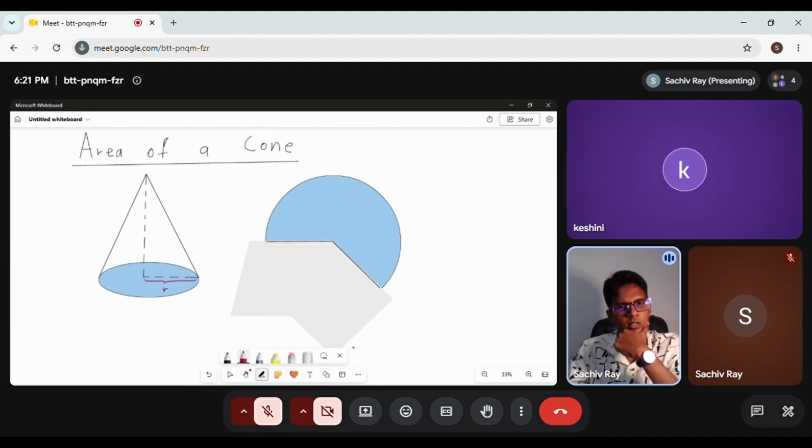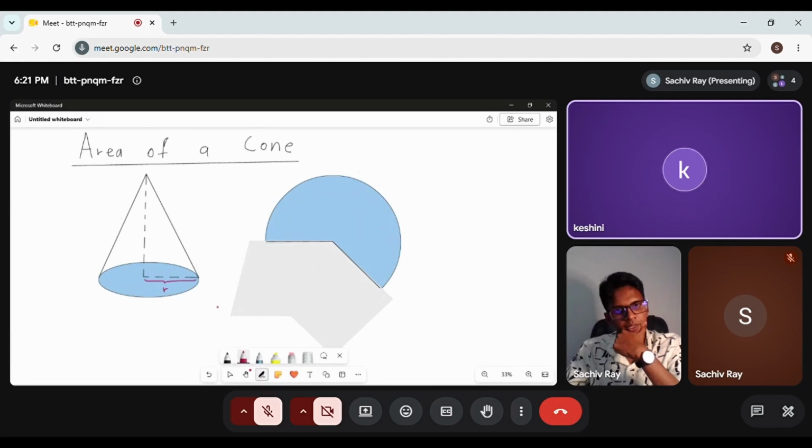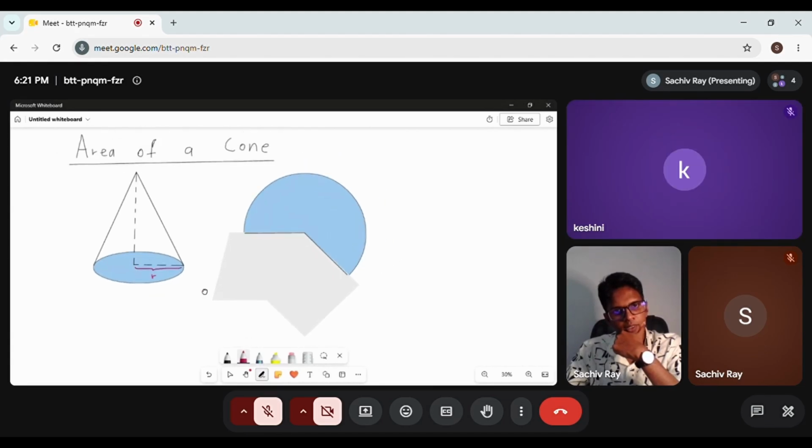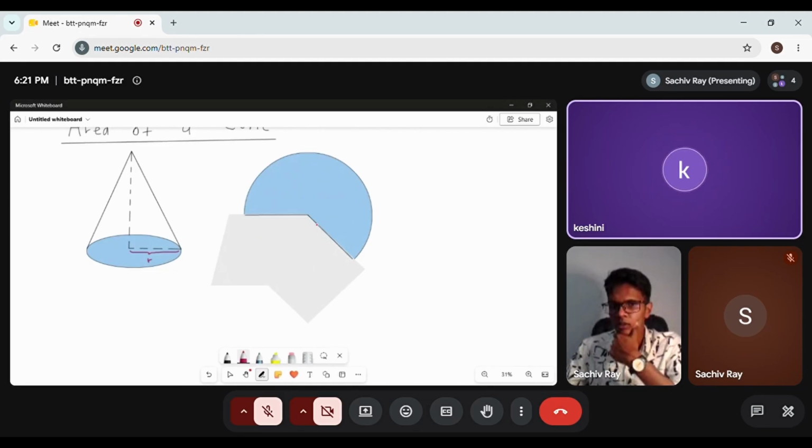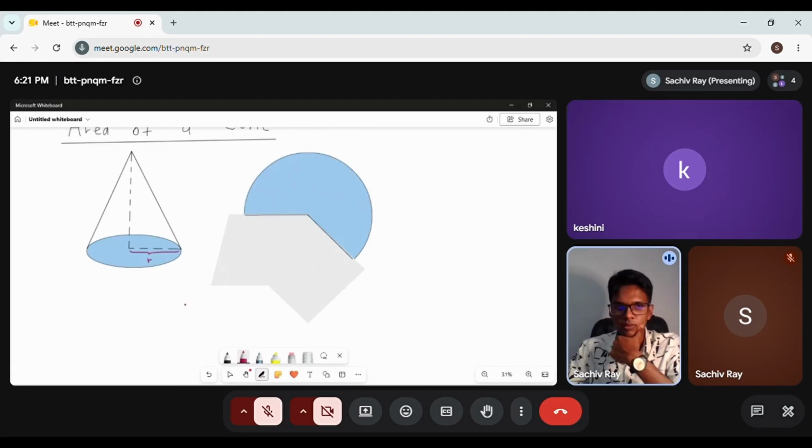Is it the circumference or the area? Theta over 360 times 2 pi r, is it the circumference, the outline, or the area of it? It is the circumference.